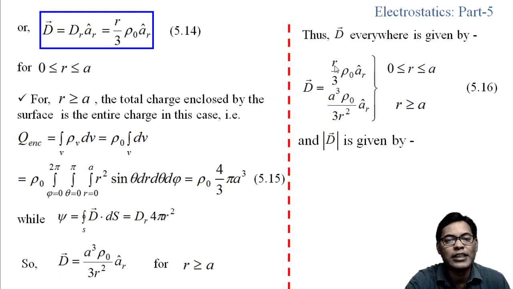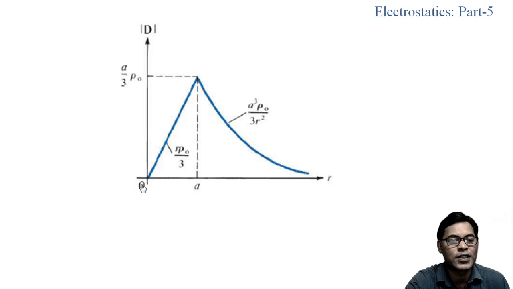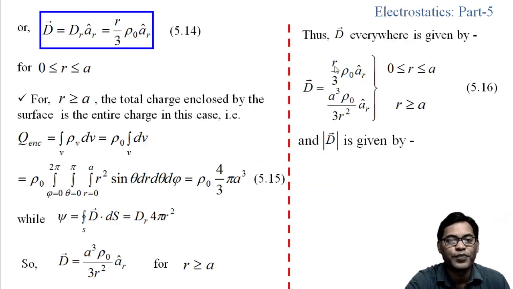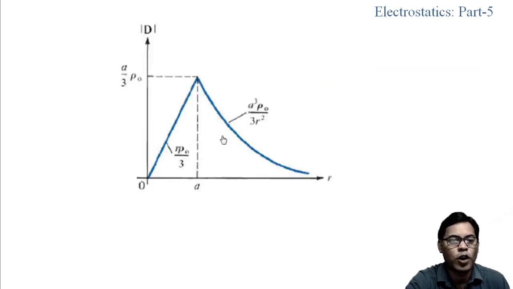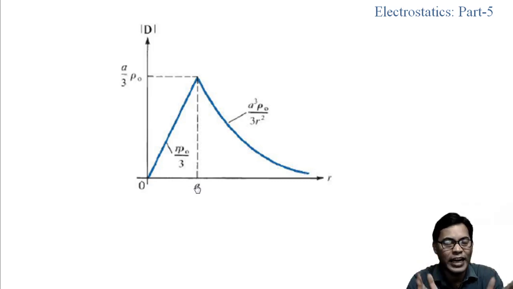Now as r is increasing, rho naught and 3 are constant, so D is directly proportional to r, so it will increase proportionally. The value will be maximum when small r reaches the value of a. That maximum value is a by 3 rho naught. Now this a is the radius of the sphere.